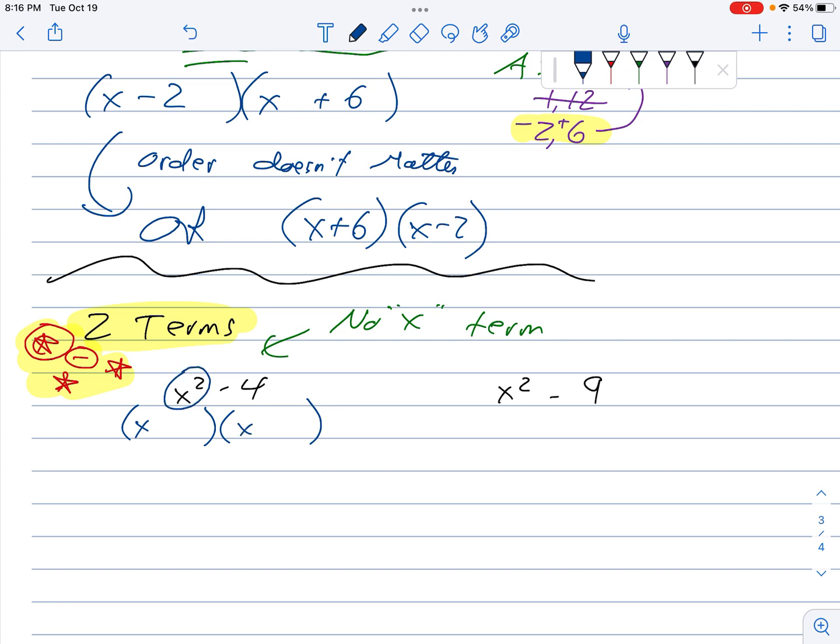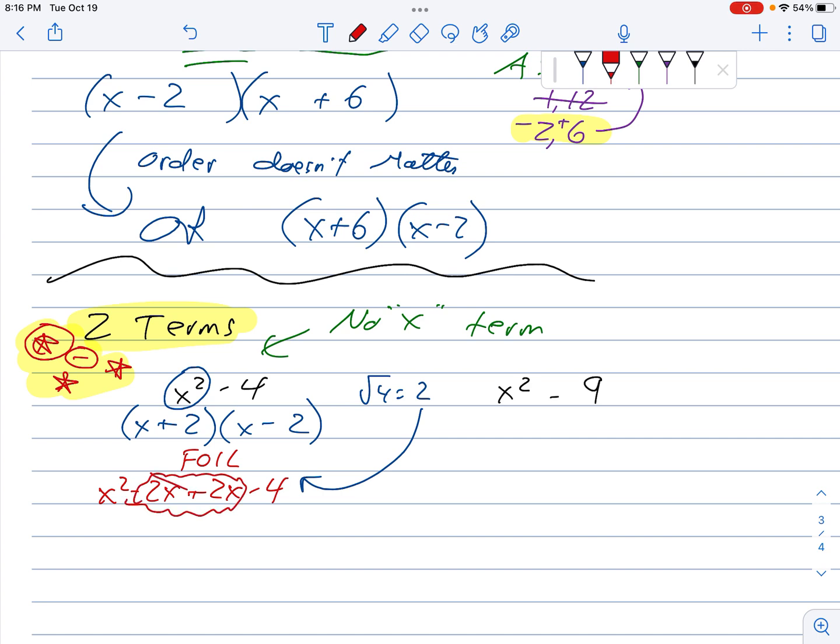I'm looking at the 4, and I know that the square root of 4 is 2, so I write one positive 2, one negative 2. The reason being, for sake of time, I'll just tell you, if you FOIL, the middle term cancels out. Positive 2x and negative 2x cancel. There's my x squared minus 4.